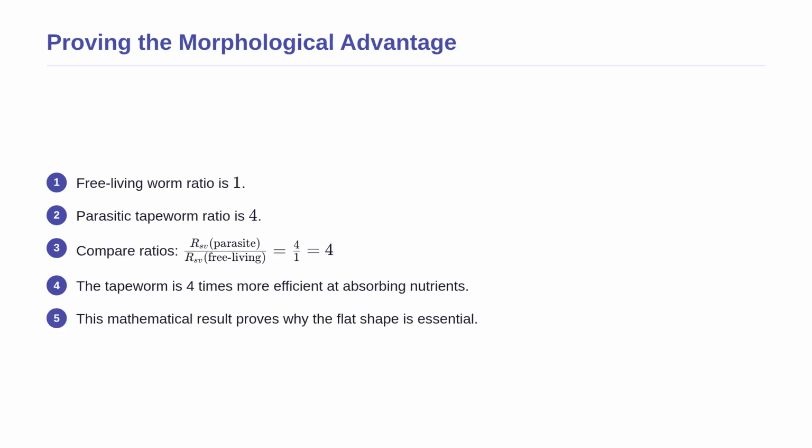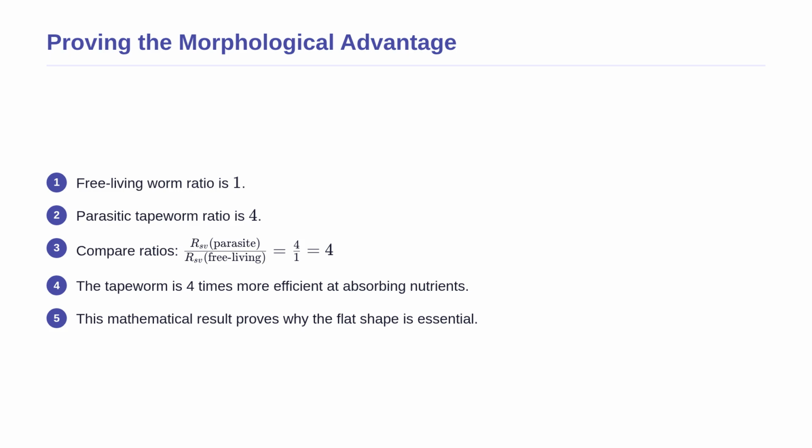So we have calculated the ratios, but what does this actually prove about parasitic adaptations? Let us compare the results. The free-living worm has a ratio of 1, while the parasitic tapeworm has a ratio of 4. By dividing the parasite's ratio by the free-living worm's ratio, we establish that the tapeworm is exactly 4 times more efficient at absorbing nutrients from its environment.